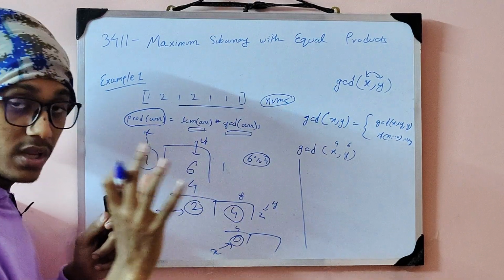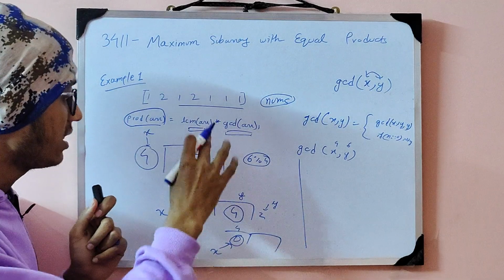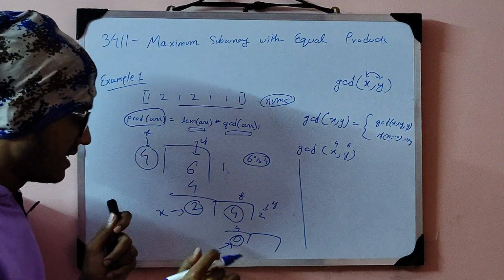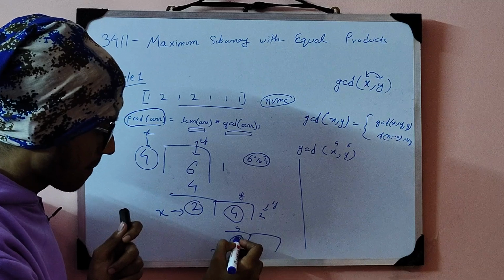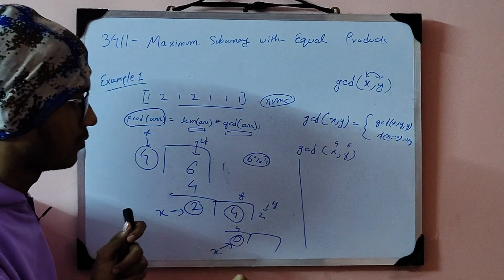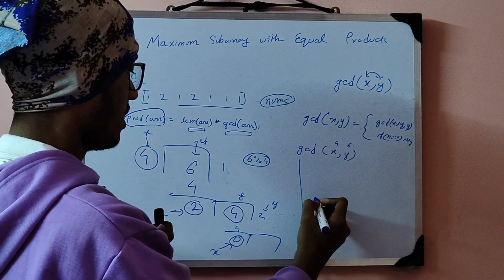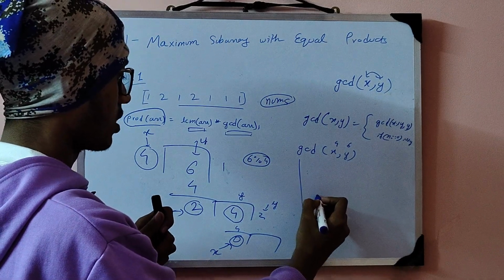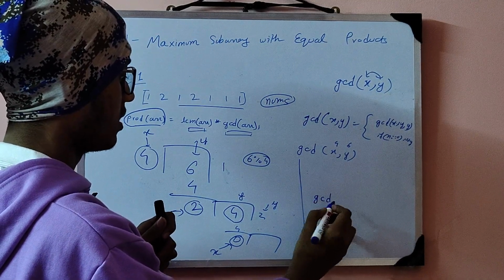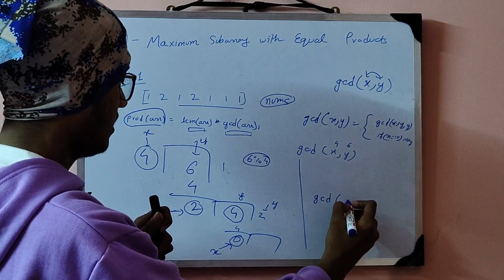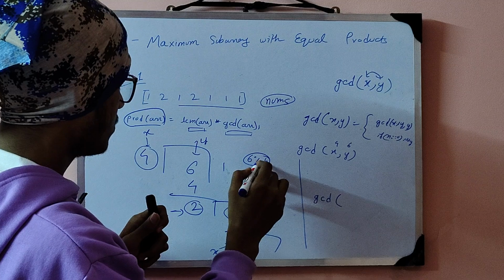so you return. You can see that this long division method stops as soon as my x becomes 0. So what is my recursive work? GCD: find 6 modulo 4.